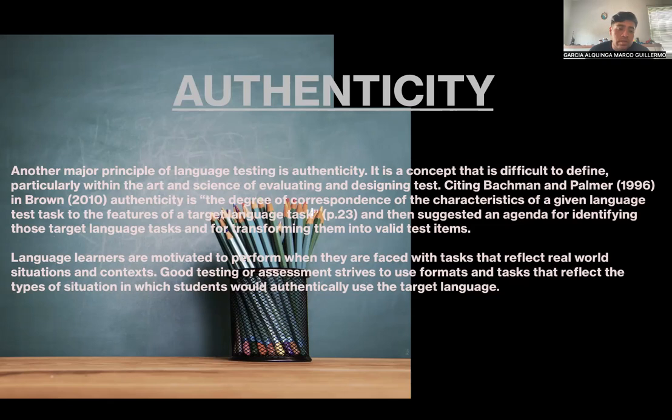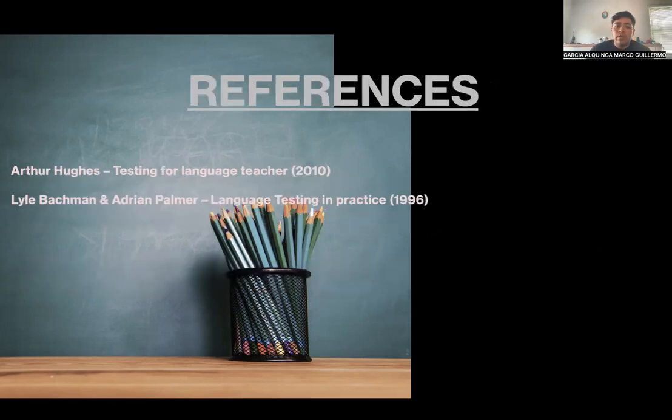So language learners are motivated to perform when they are faced with tasks that reflect real-world situations and contexts. Good testing or assessment strives to use formats and tasks that reflect the types of situations in which students will authentically use the target language.